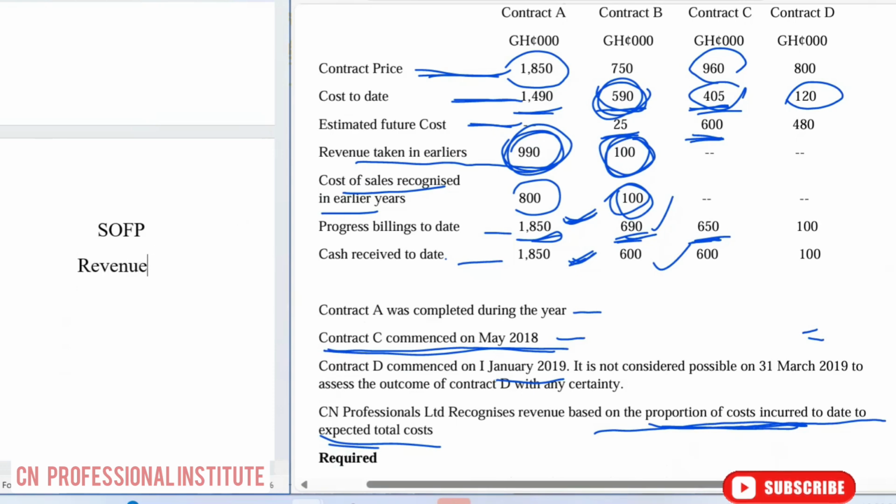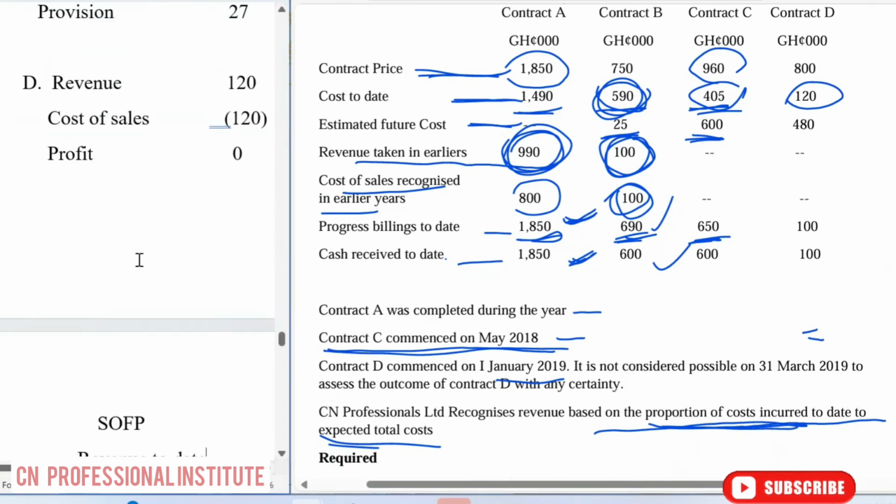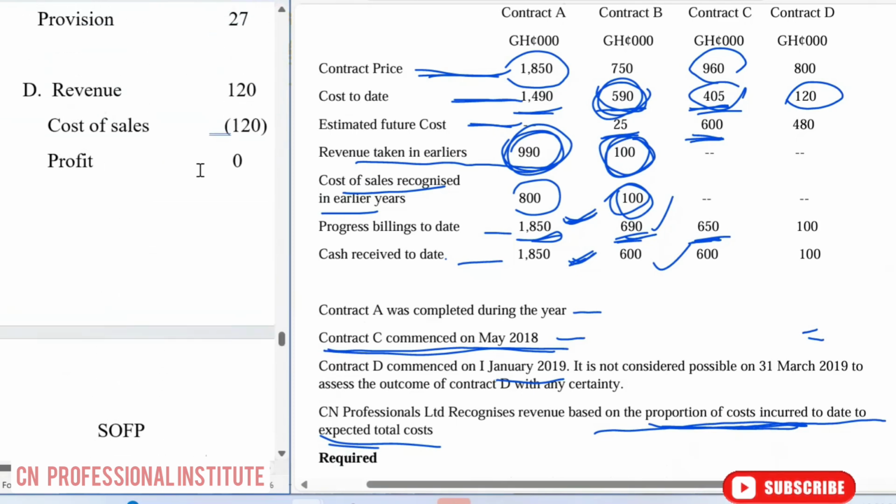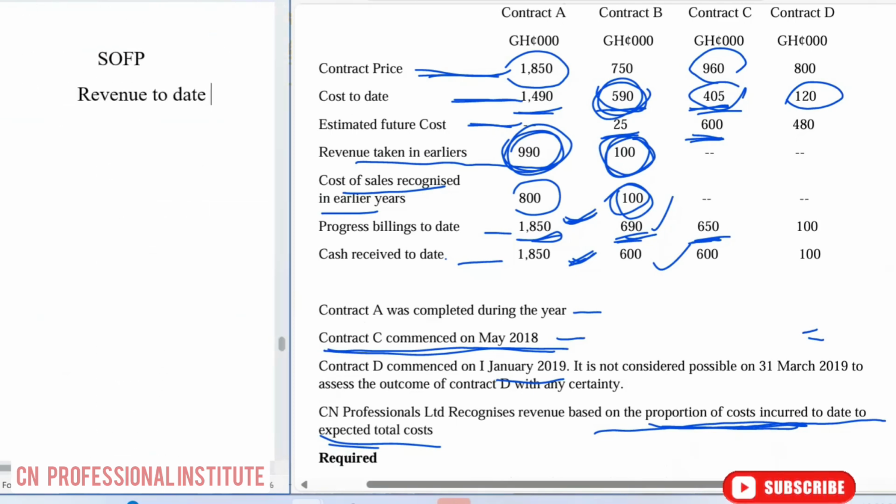to date. So revenue to date, if you come here with D, we recorded revenue of what? 120. So we have revenue of 120, and then we less amount billed. Okay, it's in the question. Amount billed is 100.